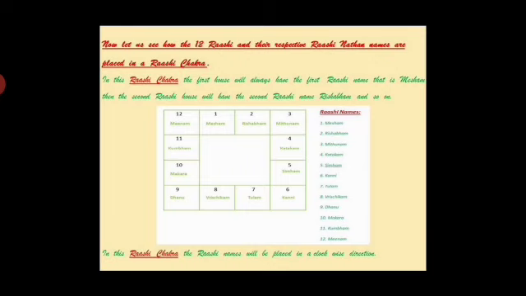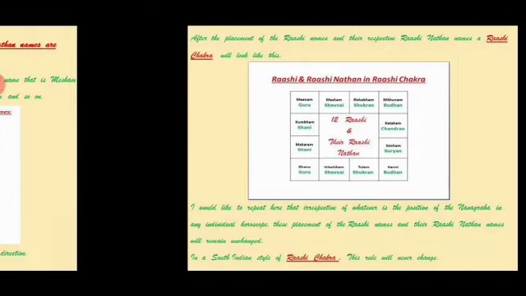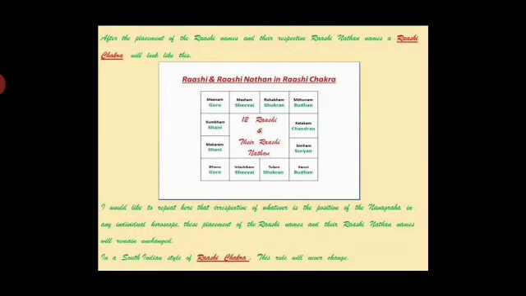In this Rashi Chakra, the Rashi names will be placed in a clockwise direction. After the placement of the Rashi names and their respective Rashi Nathan names, a Rashi Chakra will look like this.